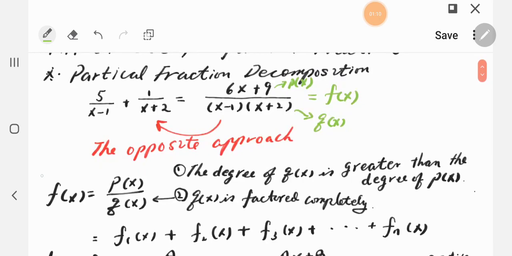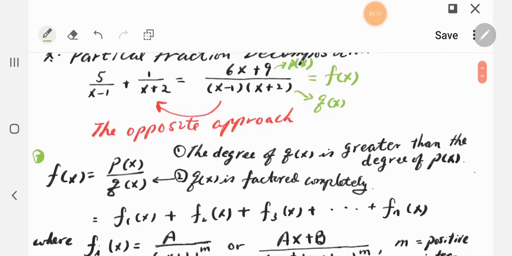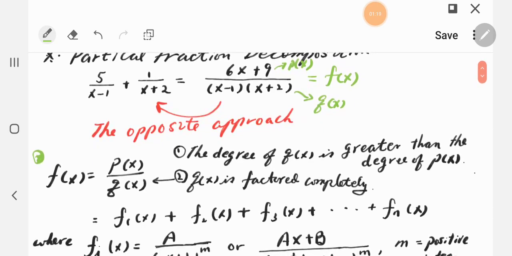So f of x is one fraction, and the denominator q of x is factored. Then from the right side of this equation, we can separate the factors in the denominator. So we can actually decompose it.